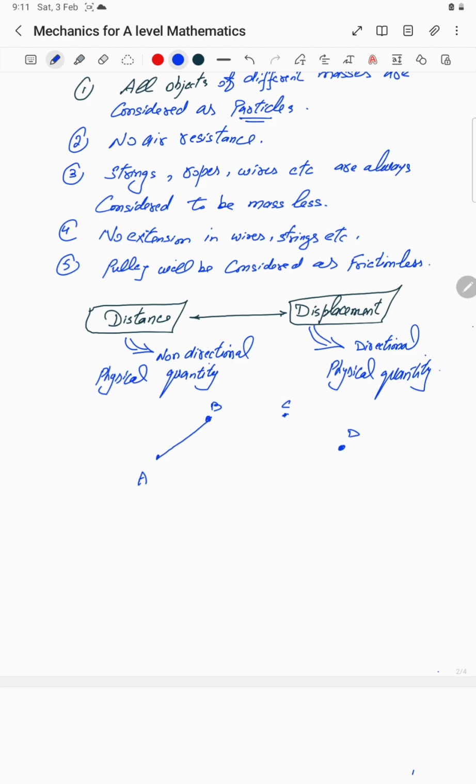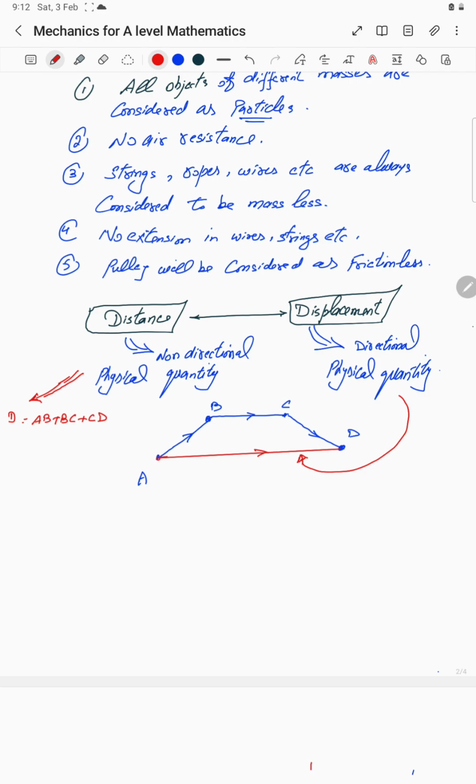Once we can go from A to B, then B to C, then C to D. This total length, AB plus BC plus CD, is the distance. But displacement is a directional quantity, and it is the shortest directed distance between two points. To get from A to D, I will draw a straight line that joins A with D, and this is called displacement.